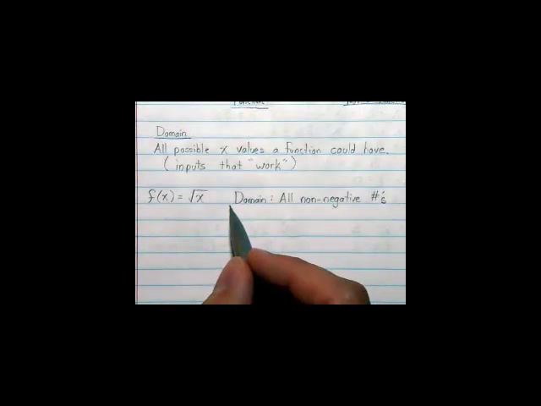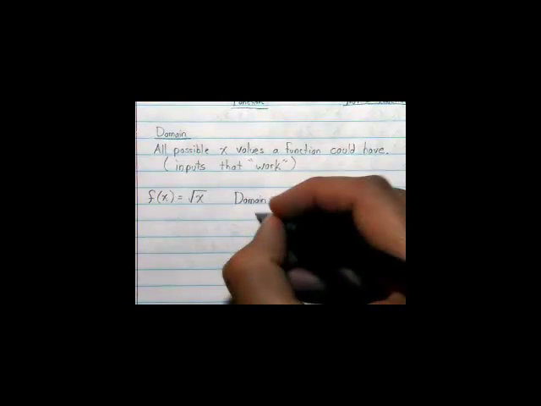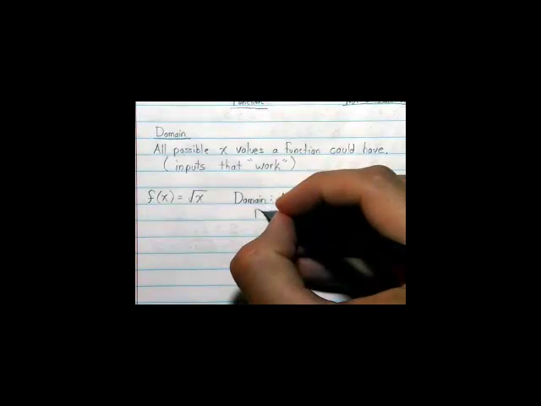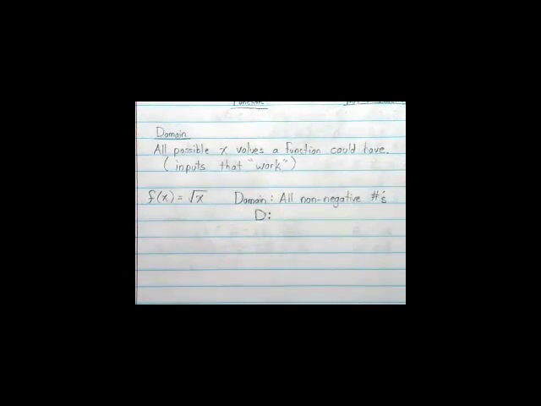All right. Mathematicians don't really like to write things out in words, so we can write this a different way. Instead of writing the word domain, just do the letter D with a colon next to it. Our domain is, and instead of writing all non-negative numbers, you can do that as an inequality.